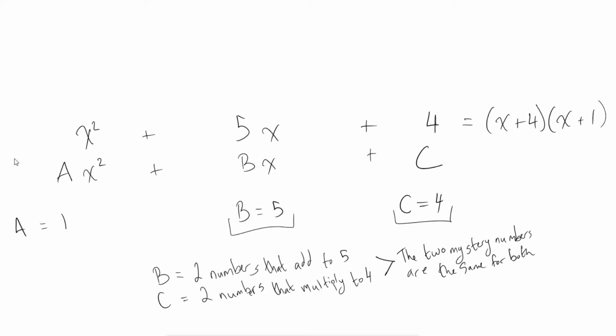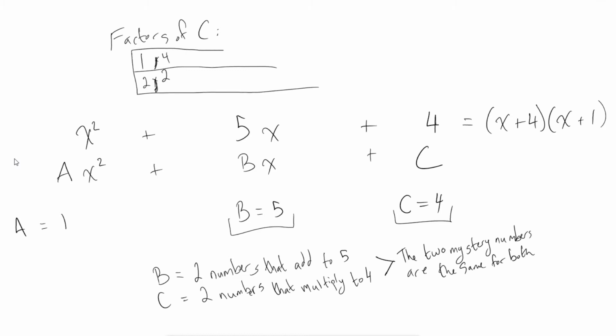We'll start with the factors of c. Well, c is equal to 4. What are my factors of 4? I have 1 times 4 and 2 times 2. So 1 and 4, 2 and 2, those are my factors. So I have 2 options to check out.